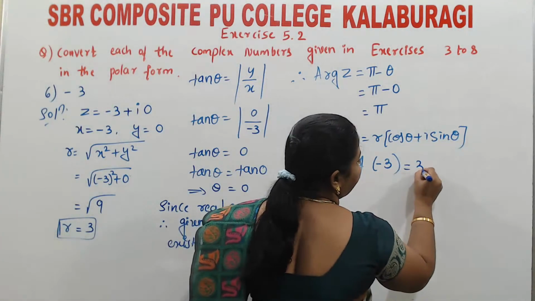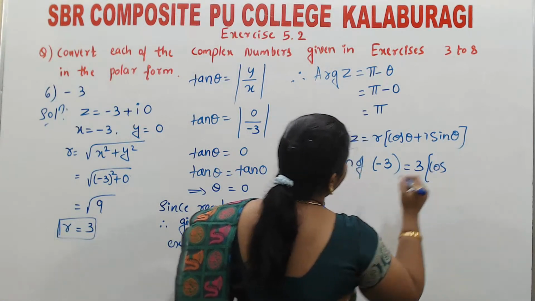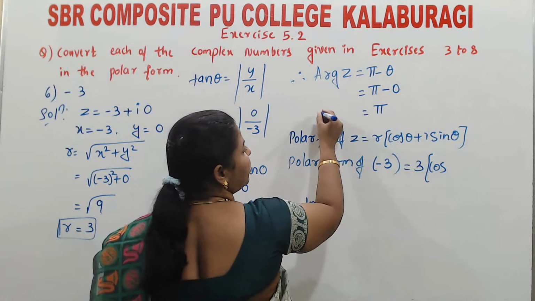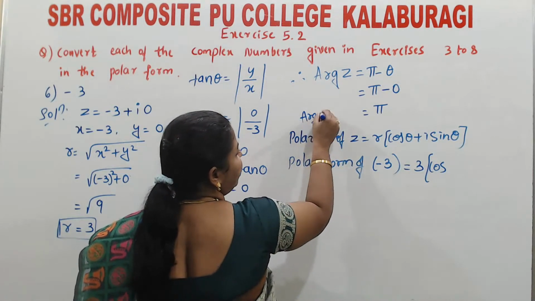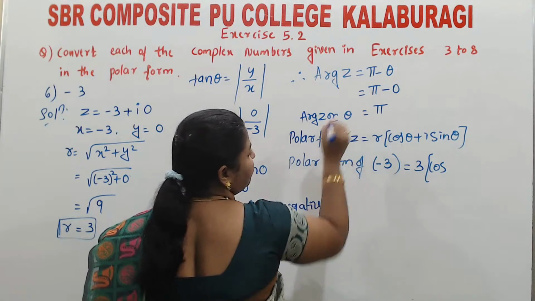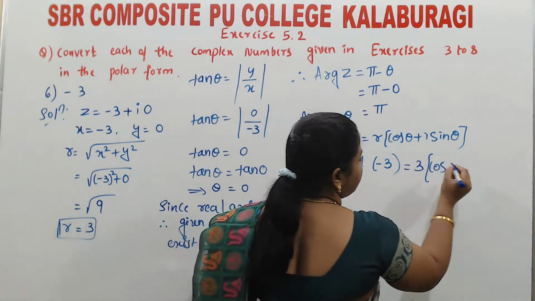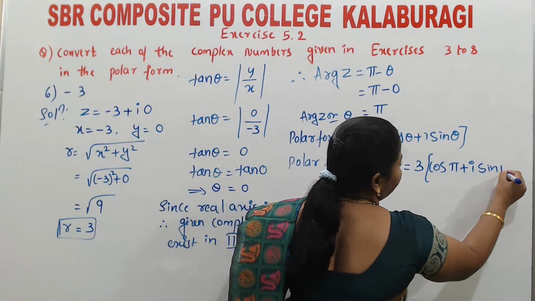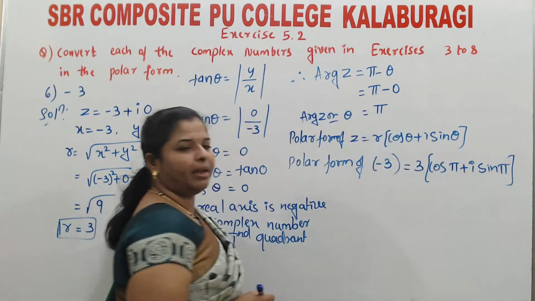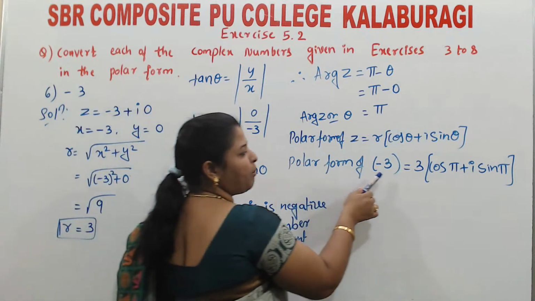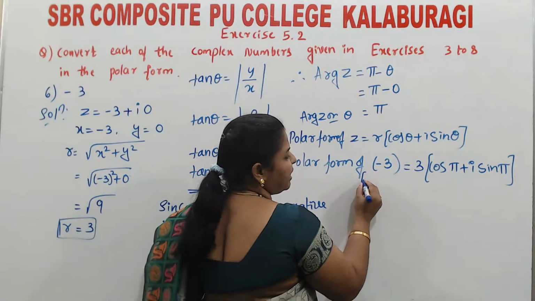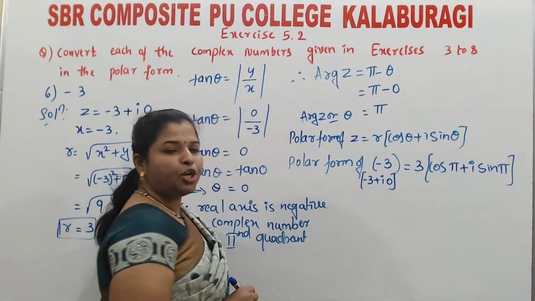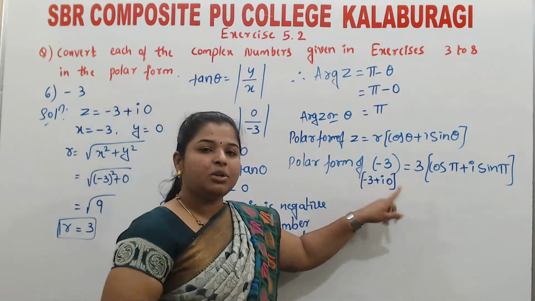R is 3. 3 into cos of theta. The argument theta should be the principal value, so here we write argument of z, or theta value, right? What is our theta? Theta is equal to pi. So 3 into cos pi plus i sin pi. Theta value is pi, right? This is our polar form of minus 3. Minus 3 we can also write as minus 3 plus i0, since the imaginary term is not there, i into 0 we can also write.